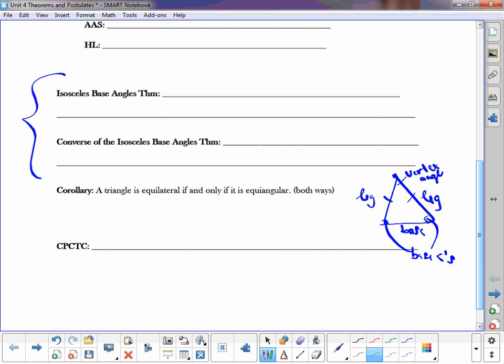Anthony? Base angles are congruent. So if we have this isosceles triangle, then the base angles are congruent. Okay, so isosceles base angles theorem.